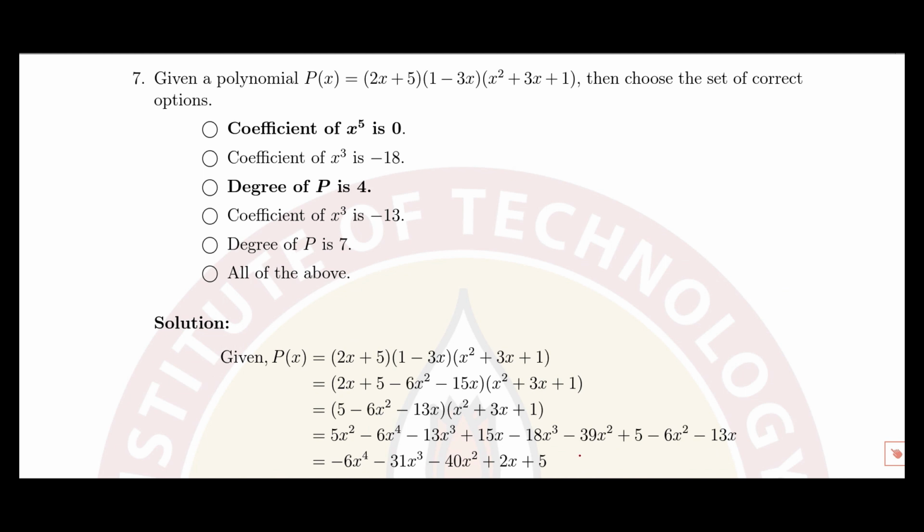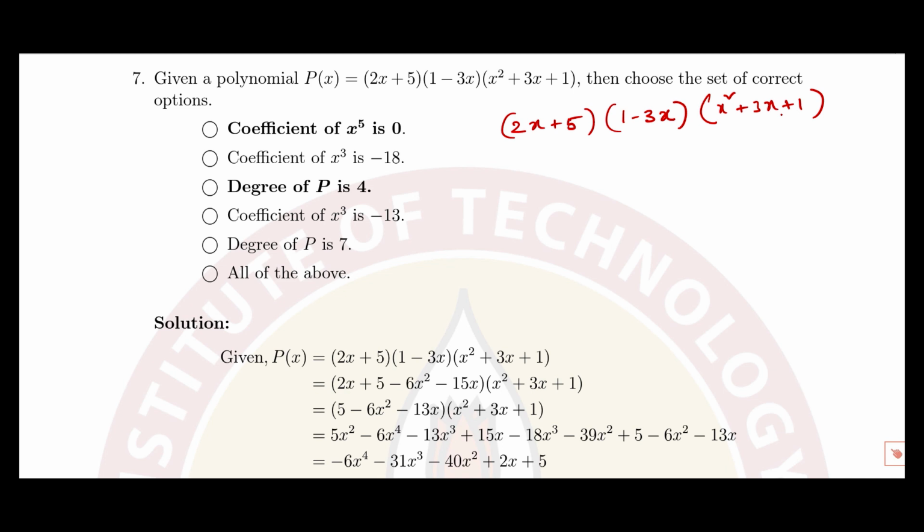Next question. Given a polynomial p of x is equal to 2x plus 5 times 1 minus 3x times x square plus 3x plus 1, choose the set of correct options. So let us expand this product. We get 2x plus 5 times 1 minus 3x times x square plus 3x plus 1.